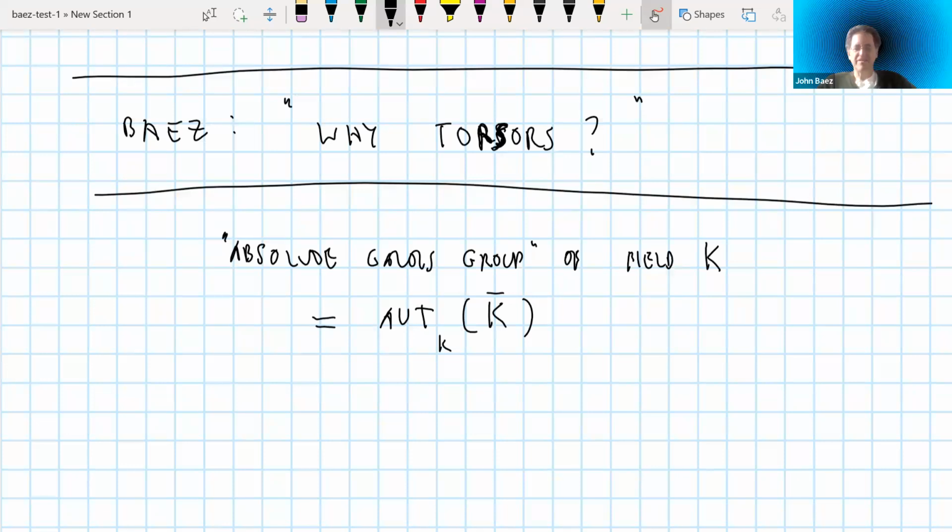So yes, I mean, it's how do I say this? It's the Z mod 3 torsor of, I want to say something like the ninth roots of unity. What am I trying to say?